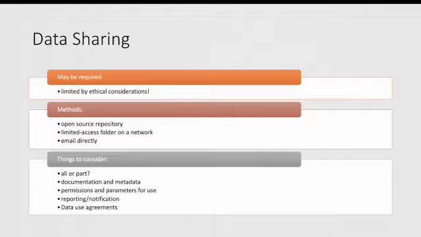This is where having good documentation and metadata is helpful, because if you have your data dictionary and your metadata file already, you can share it with all of that, and then you don't have to explain anything about the data after you're already done with the study. You can, again, put permissions and parameters for use around the data so that people can require a data use agreement or have to agree to non-commercial use. And then reporting and notification can be added onto it.